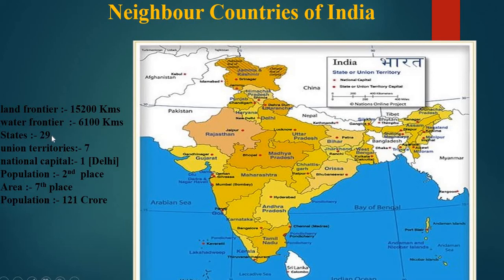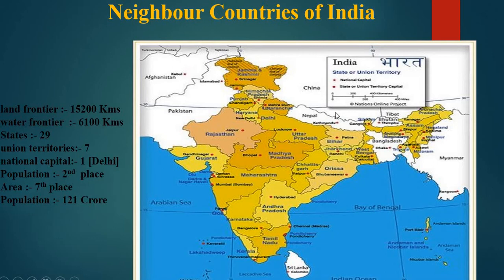We have 29 states, 7 union territories, and 1 national capital, and we are at second place in terms of population and 7th place in terms of area. According to the 2011 census, the population of India is 121 crores.